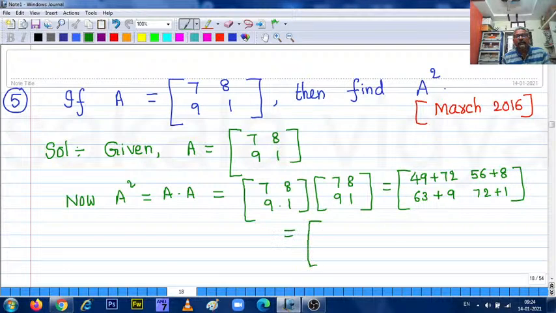Now let us add. This is 121, 64, 72, 73. This is A square. A square is also a matrix.